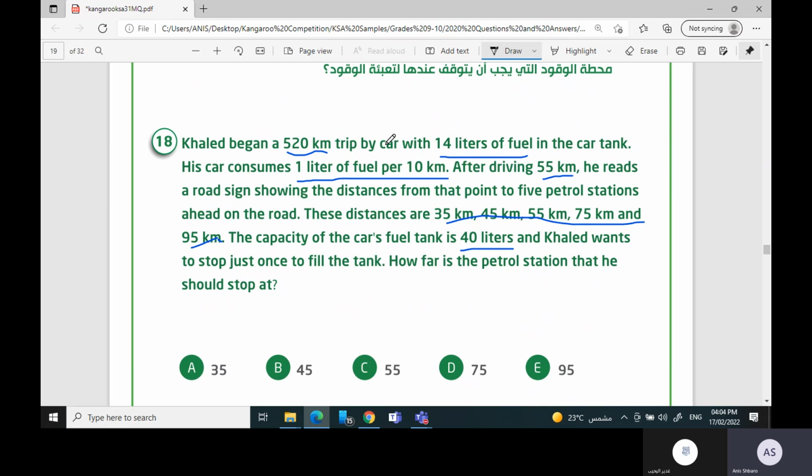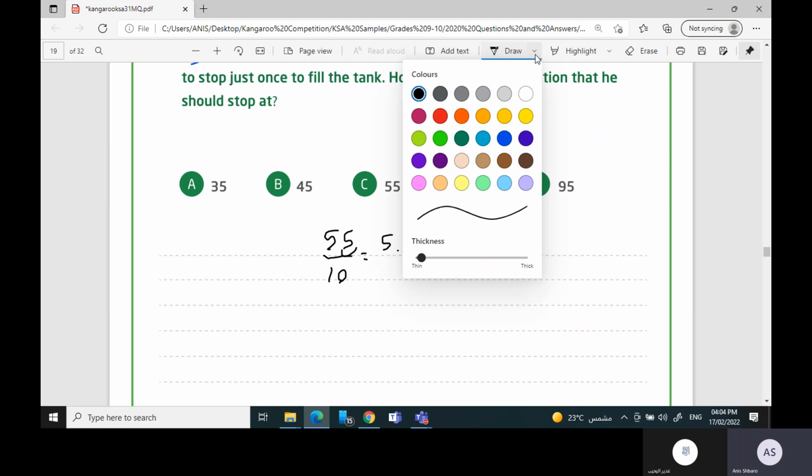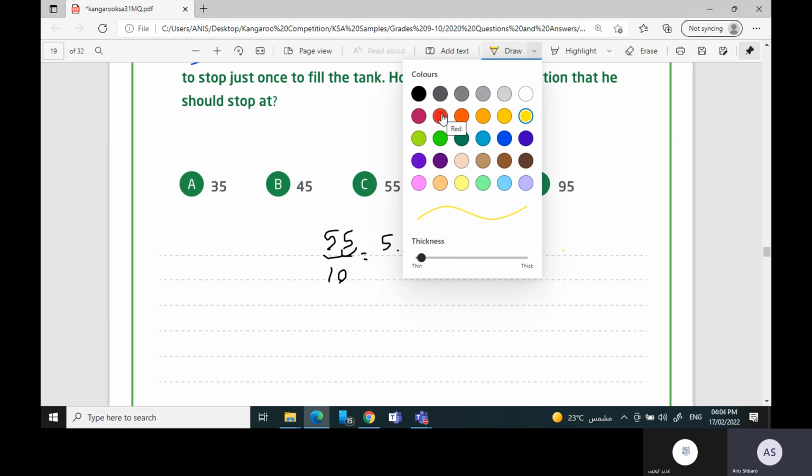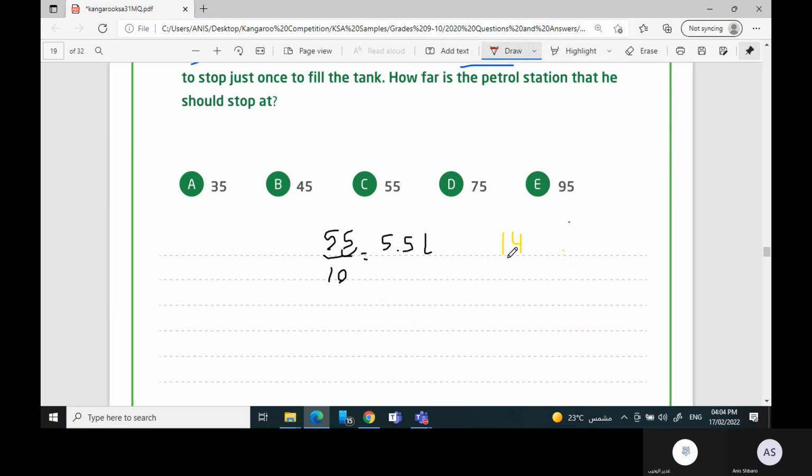He consumed already 5.5 liters and he got 14 liters. So I need to know how much is left with him. So if we have 14, he had 14 liters and he consumed 5.5 liters.